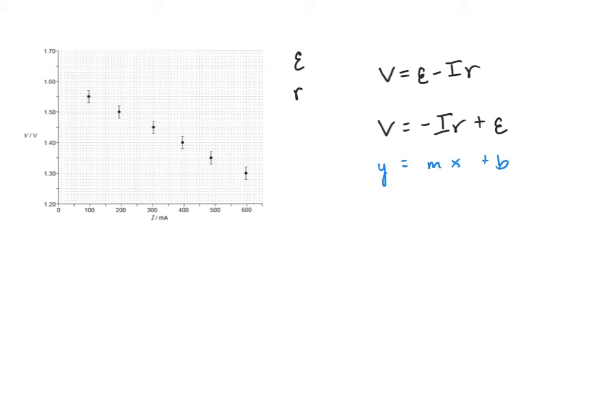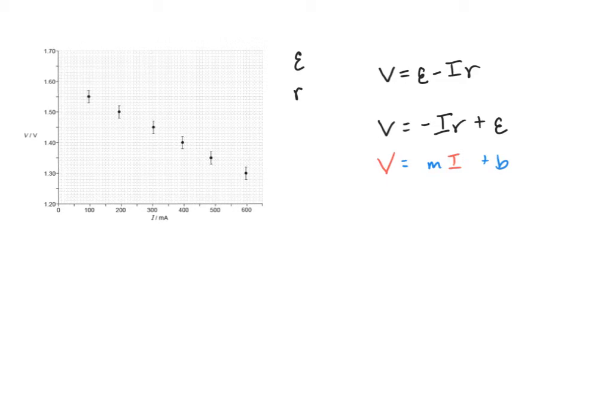Now, looking at our graph, we can pretty clearly see that our data is linear. And we know that on the x-axis of our graph, we have current, and on the y-axis, we have voltage. So we could write this as voltage is equal to m times I plus b.